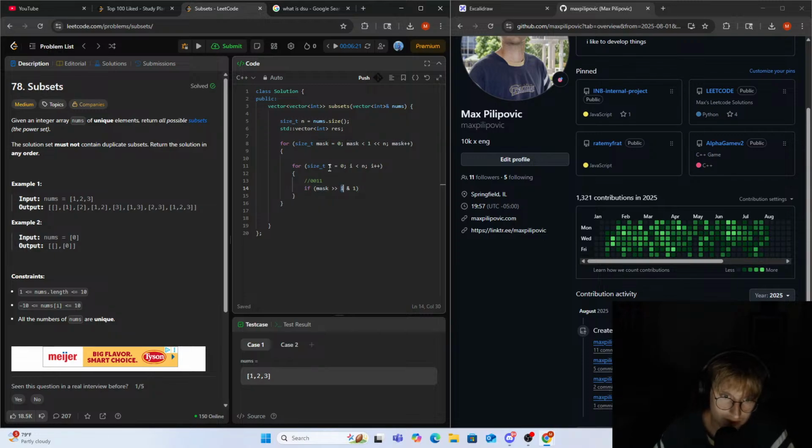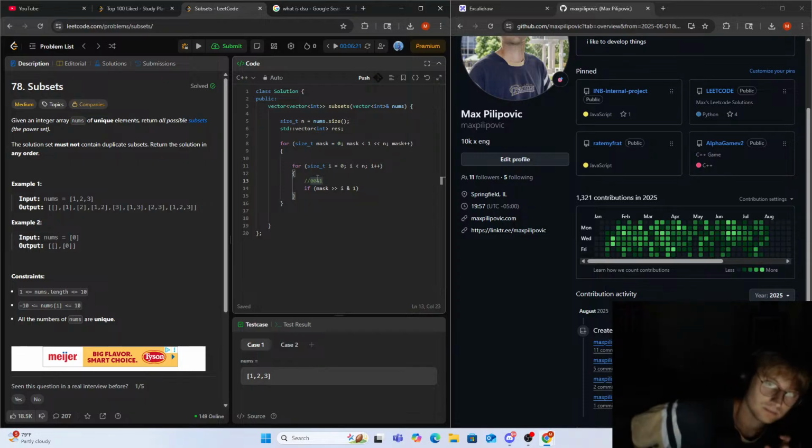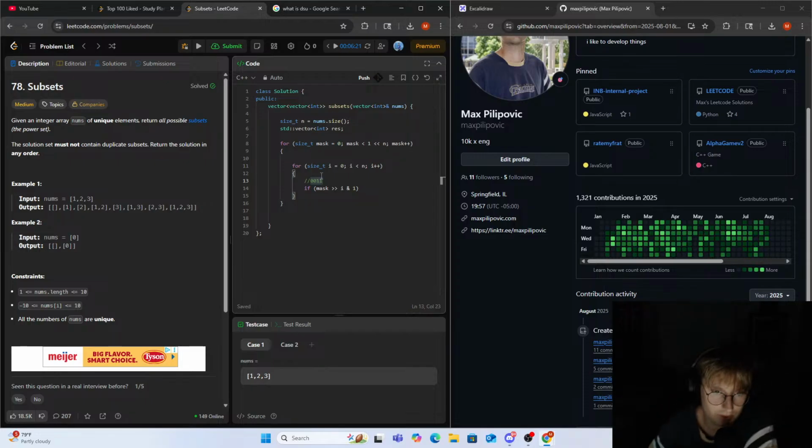In our 0 case, i is equal to 0, so our first element, we would append 1.